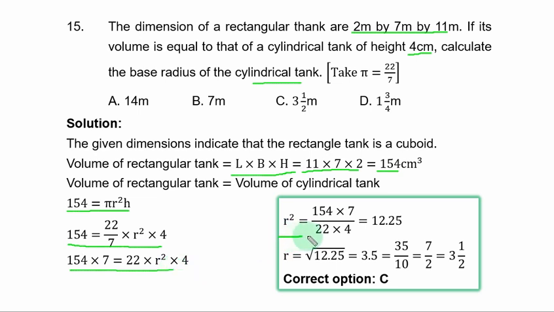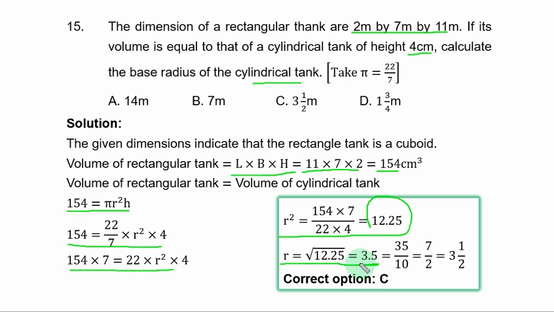You have r squared equal to this. If you divide, you have 12.25. To get r, take the root of both sides. So r is equal to square root of 12.25, and that is 3.5. 3.5 is not in the options yet. What we have there is either whole numbers or mixed fractions.